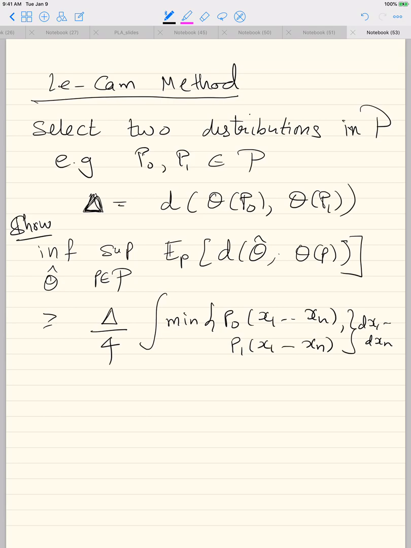This is the lower bound that we will show. That delta is the distance between P0 and P1 for the parameter of interest, and then you integrate this quantity.